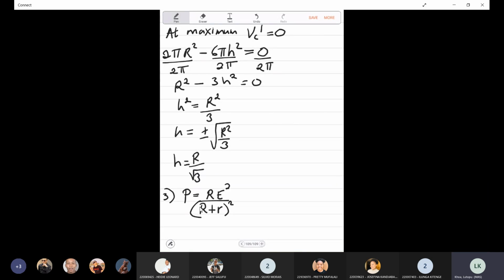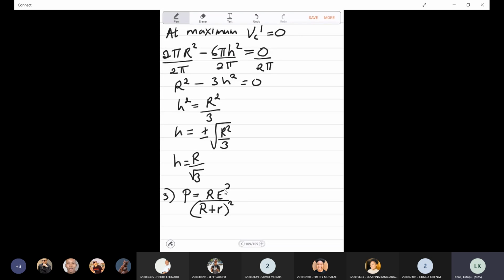So this is a function in terms of capital R. Then we have to find capital R in terms of small r when P is maximum. So when P is maximum, obviously we just have to differentiate, equate to 0, solve for R.